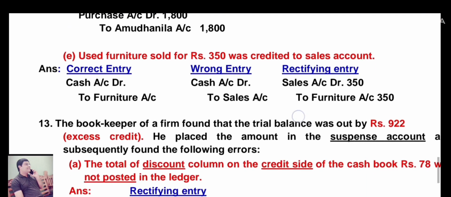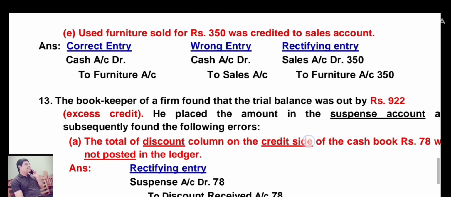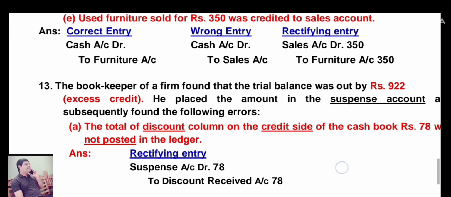Next one, used furniture sold for rupees 350 was credited to sales account. So instead of furniture, he credited the sales account. So the correct entry is cash account debit to furniture account, but wrongly written, cash account debit to sales account.